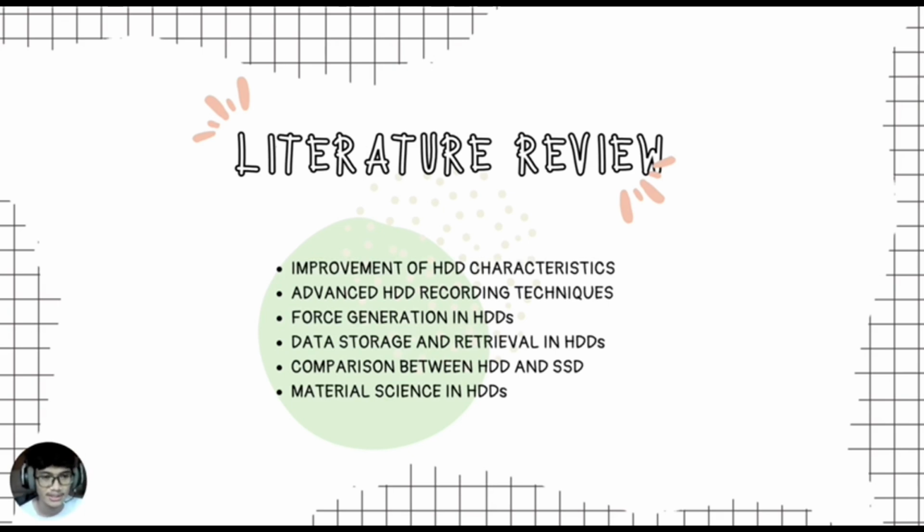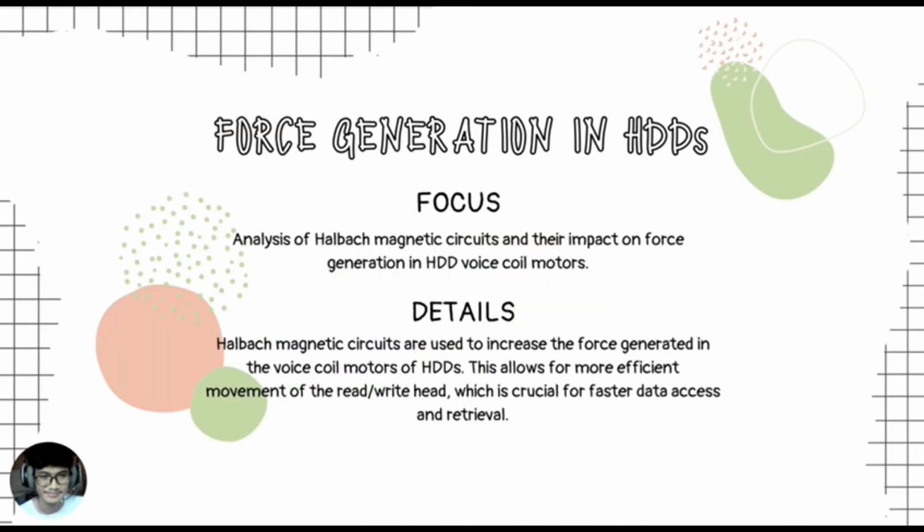Point 3 is fourth generation in HDDs, and point 4 is data storage and retrieval in HDDs. For the fourth generation in HDDs, it focuses on analysis of Halbach magnetic circuits and their impact on fourth generation HDD voice coil motors.